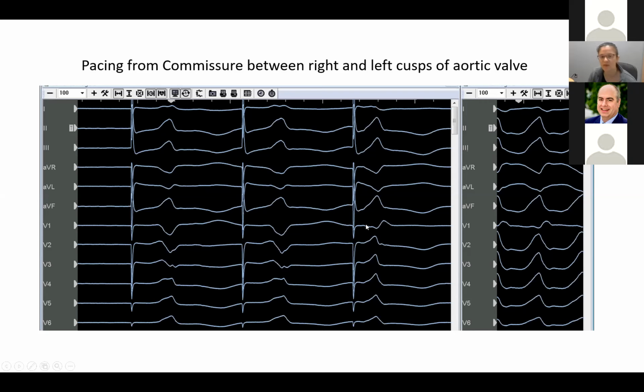Whenever I see sites in scar with late potentials where I can pace with different stimulus to QRS intervals and reproduce two different VT morphologies, I always wonder if those are part of a critical site for both VTs.